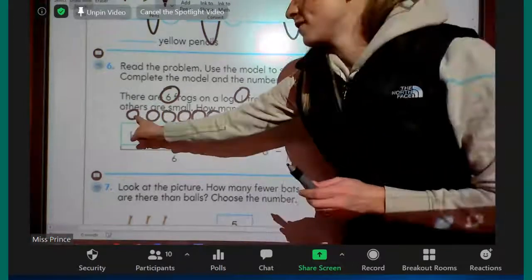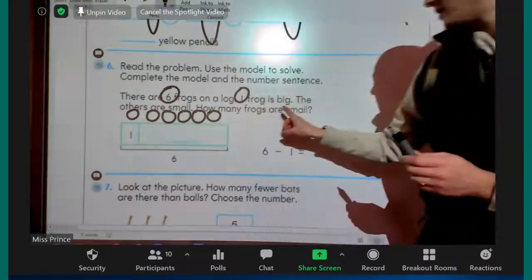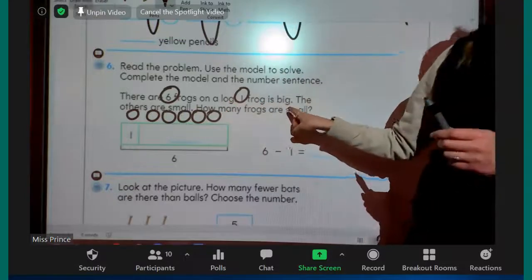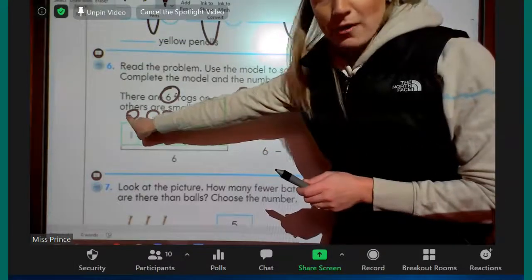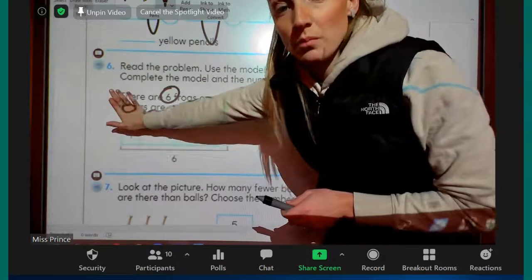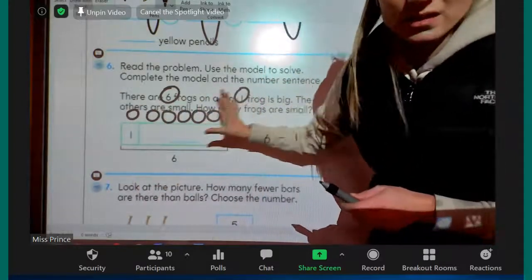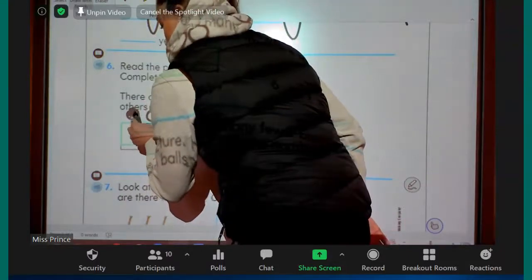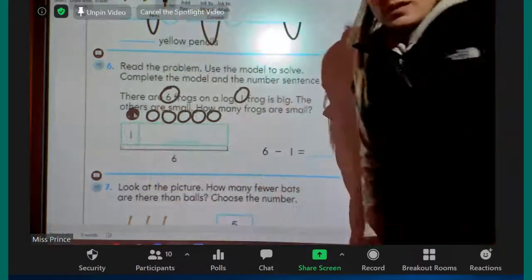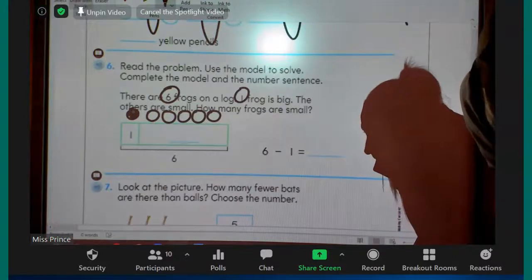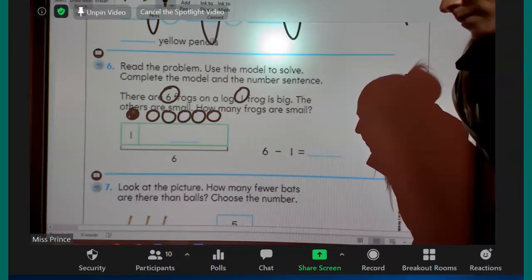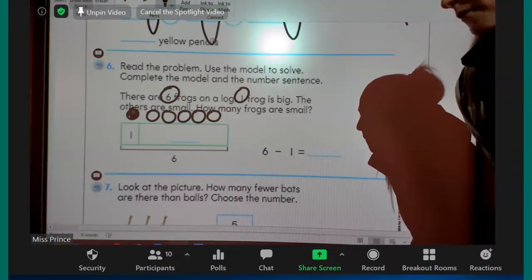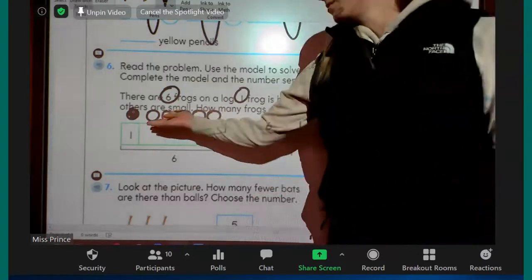So here's all of our frogs. It says 1 frog is big, and this is our 1 big frog. So the way that we're going to be able to show that without getting it mixed up with the other frogs is to just color this one in. So I want you to just color that 1 circle in above the 1. So 1 frog is big, and the others are small.